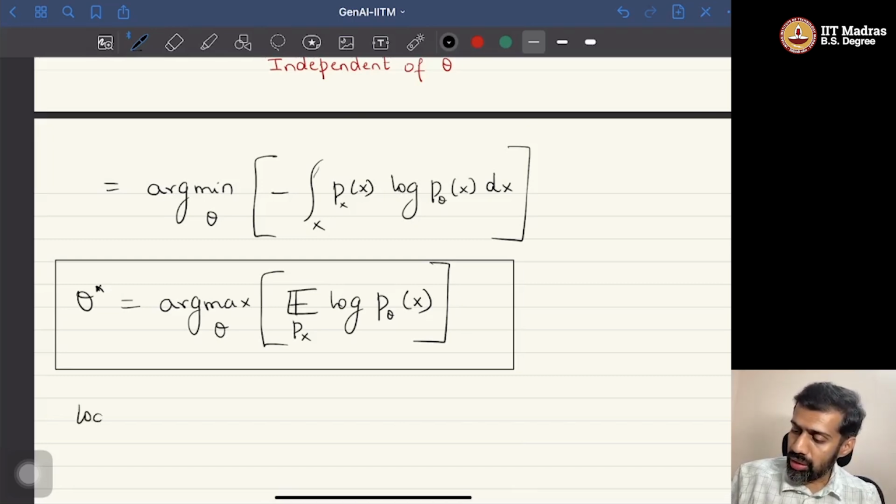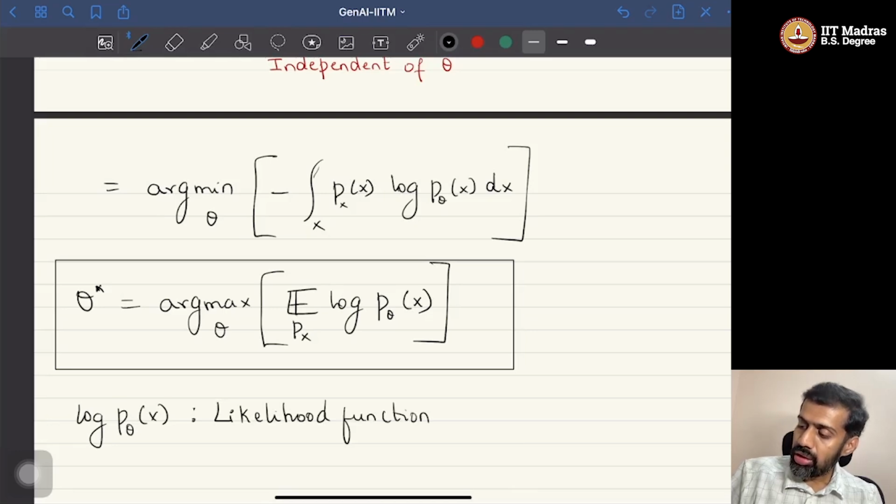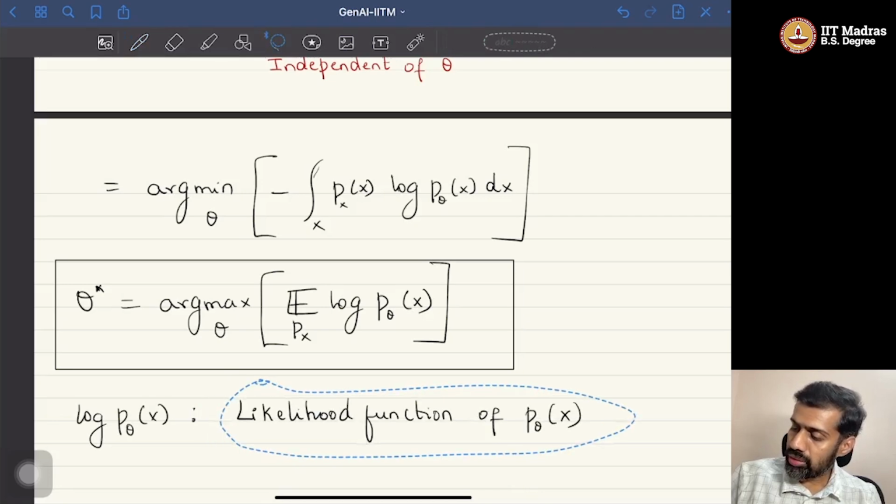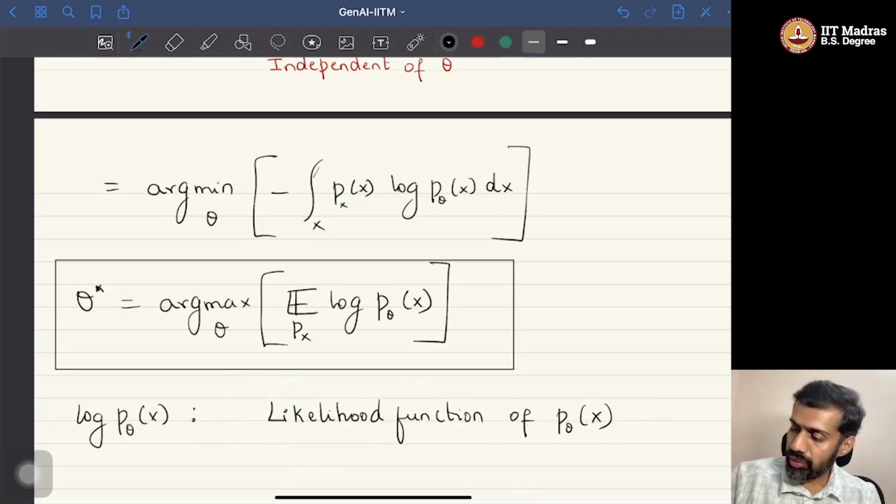Now, log of p theta of x is also known as the likelihood function, or the log likelihood. Therefore, this procedure of finding the model parameters by maximizing the likelihood function is called maximum likelihood estimation.